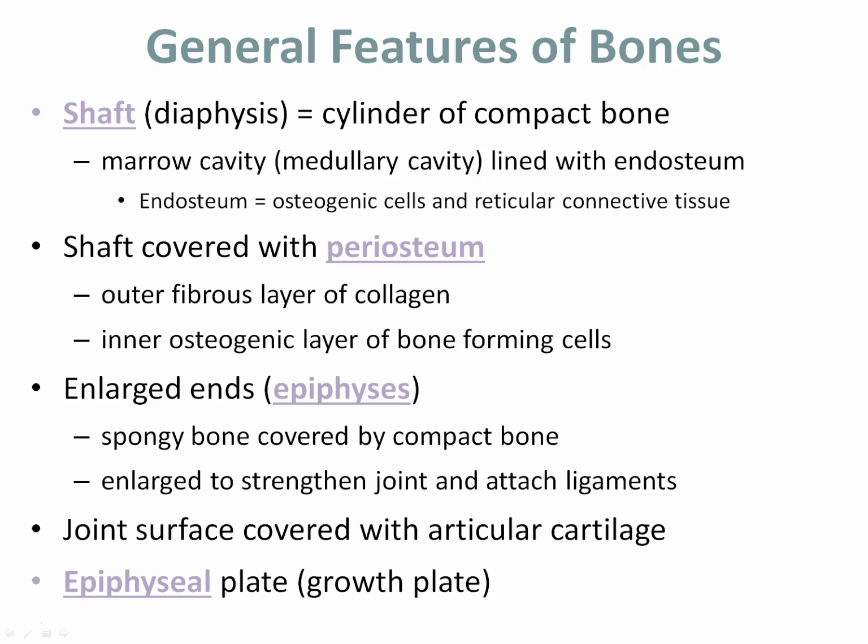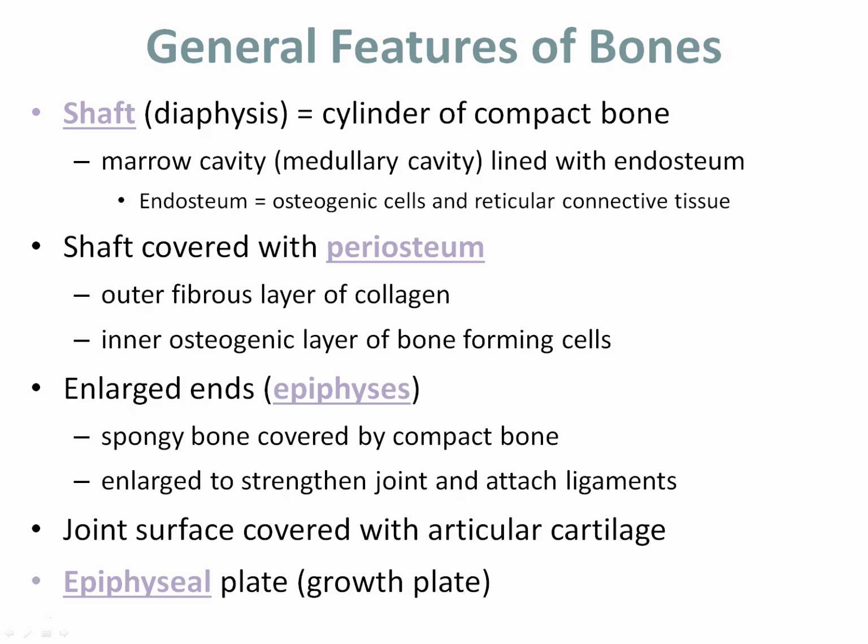So if we're looking at the marrow cavity, the next layer is going to be reticular connective tissue, and then just beyond that, there's going to be osteogenic cells, and then beyond that, you will run into the cylinder of compact bone. So endosteum includes the osteogenic cells that are right on the compact bone, and the reticular connective tissue that covers them up.